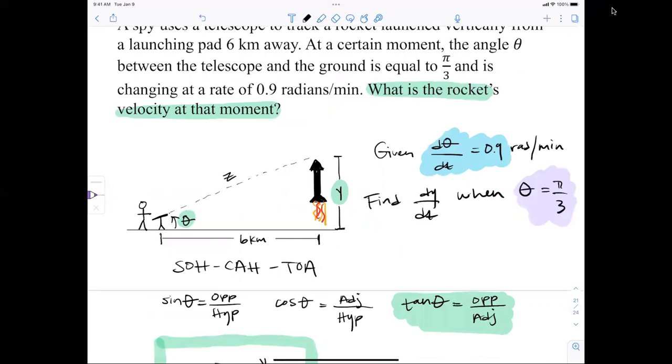Like secant would be hypotenuse over adjacent. So you would want to know what those values are. And I think in this third related rates assignment, you do have to do that instead of solving for what theta actually is.